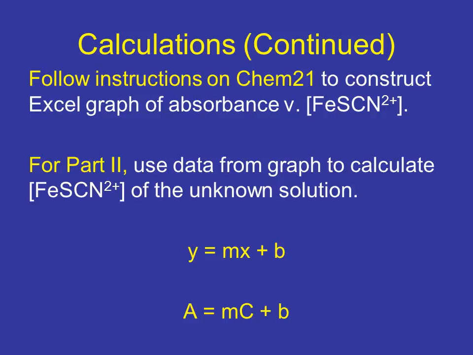We can use this mathematical relationship to calculate the concentration of the unknown. Using the typical slope formula, y equals mx plus b, that would then become absorbance equals the slope times the concentration of the thiocyanate iron plus b, which would be the y-intercept.